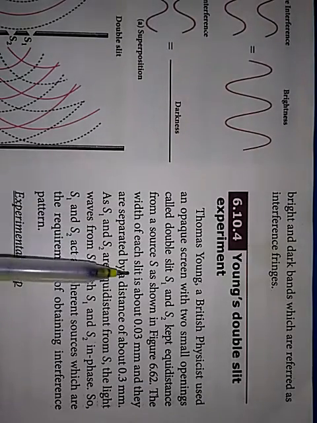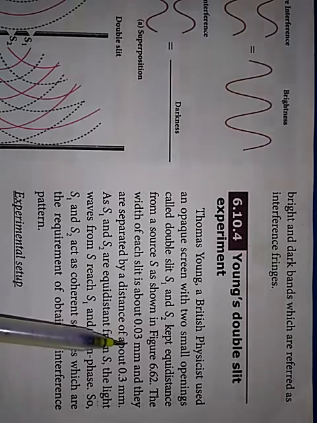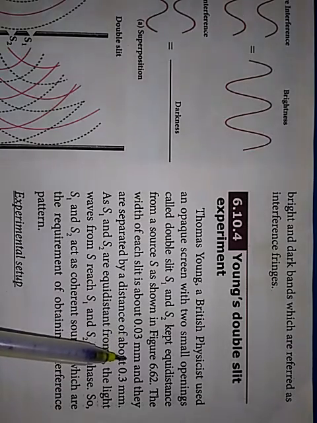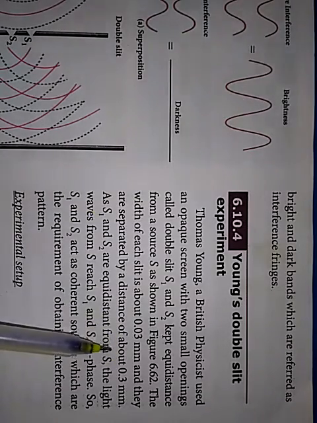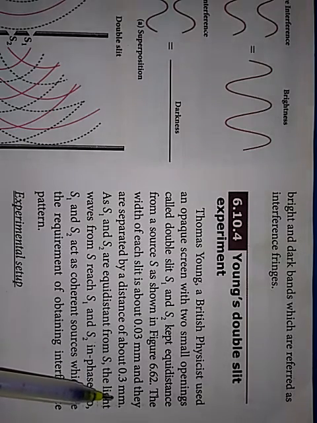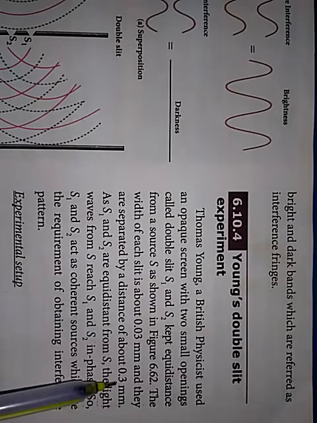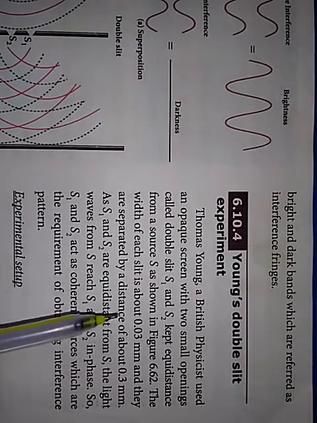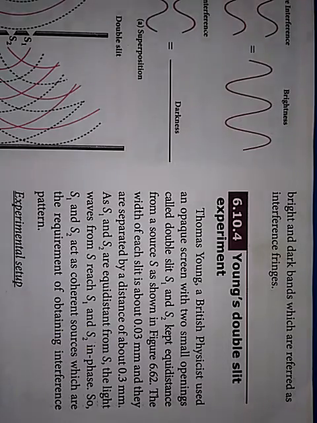The width of each slit is about 0.03 millimeter, and they are separated by a distance of about 0.3 millimeter. So the two slits are separated by 0.3 millimeter, and the width of this slit is 0.03 millimeter.